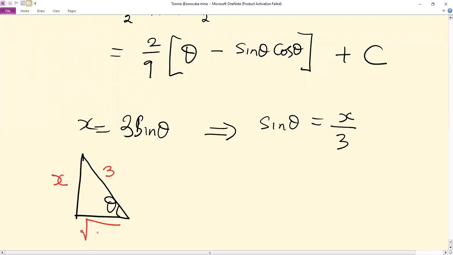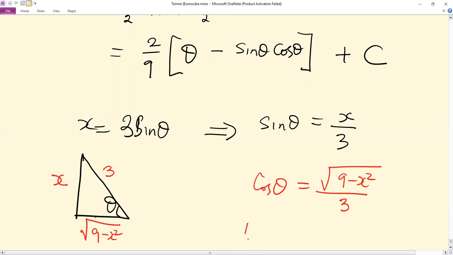The adjacent side will be the square root of 9 minus x squared because of Pythagoras theorem. So cosine of theta, cos is adjacent over hypotenuse, will be the square root of 9 minus x squared over the hypotenuse, which is 3. And because sine theta is x over 3, theta is sine inverse of x over 3.